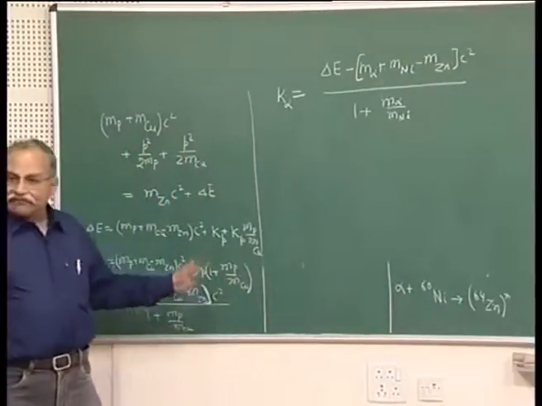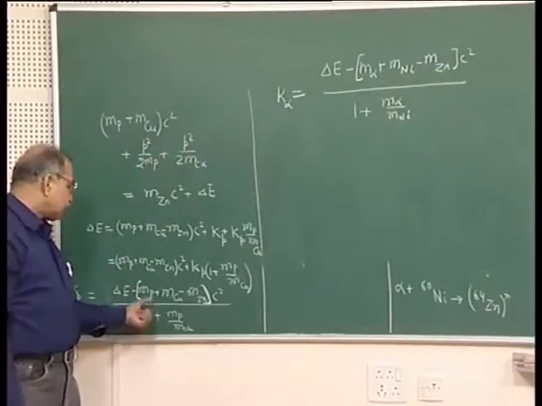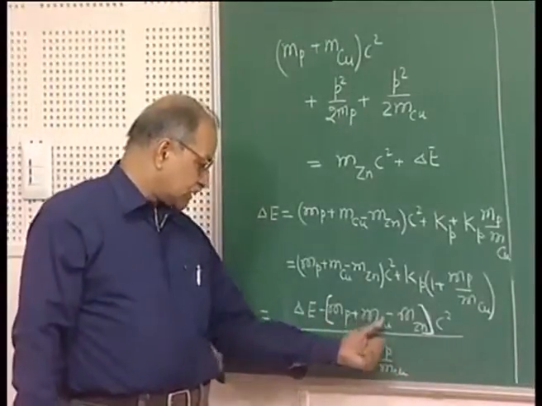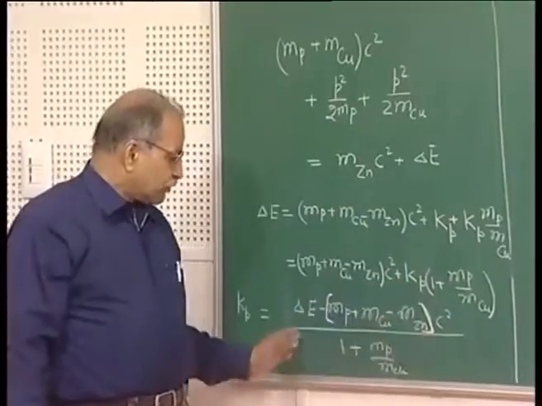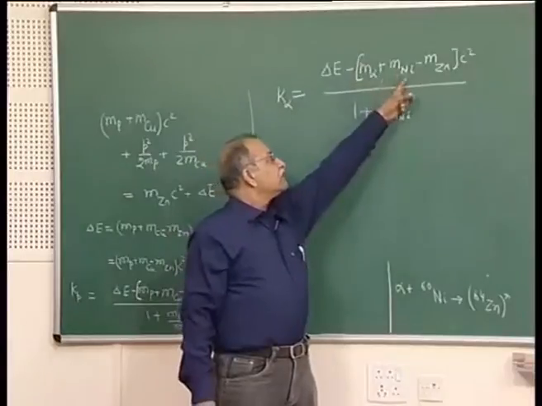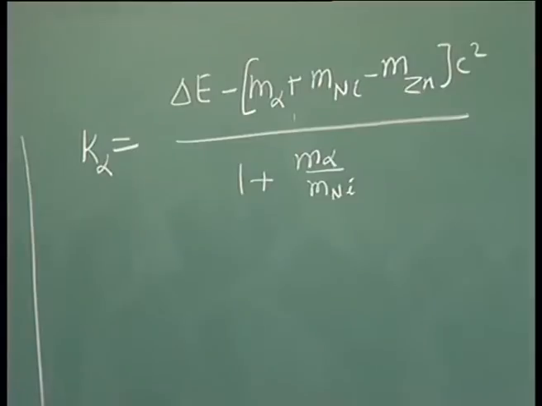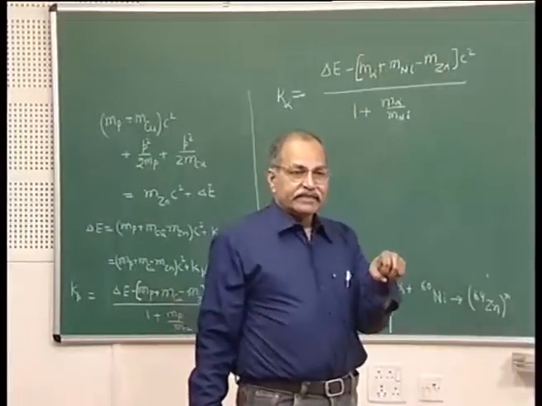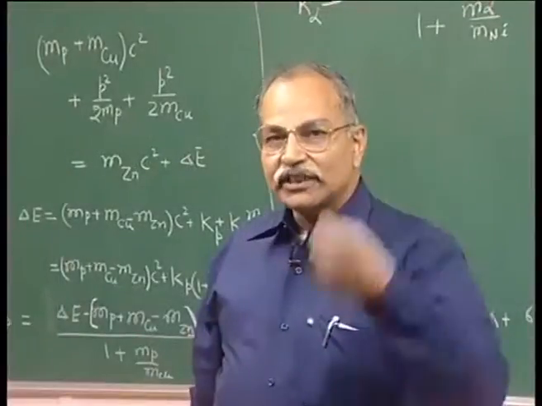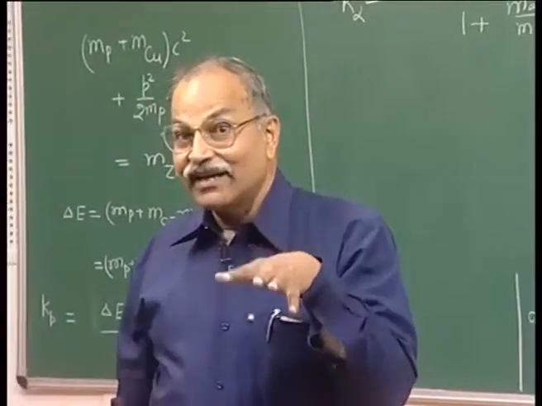So, now these two are different expressions, they are similar, but when you go to put the numbers, mass of proton, mass of copper, mass of zinc of course, and here mass of alpha particle, mass of nickel, these two things will come out to be different. So, alpha particle energy needed to put the 64 zinc into one excited state, and proton energy needed to put the 64 zinc in the same excited state, they are different.